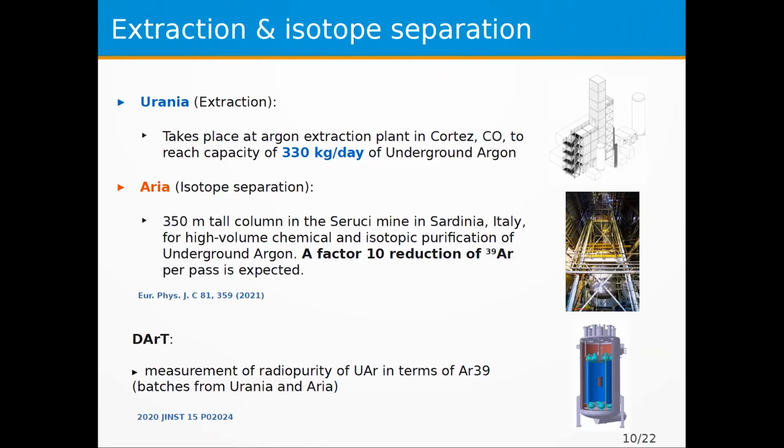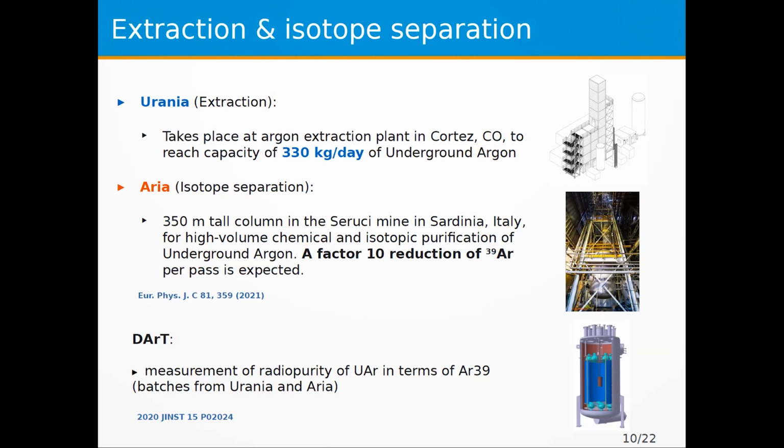The actual extraction of underground argon takes place in a facility called Cortez in Colorado. We want to reach a capacity of around 300 kilograms per day of underground argon.